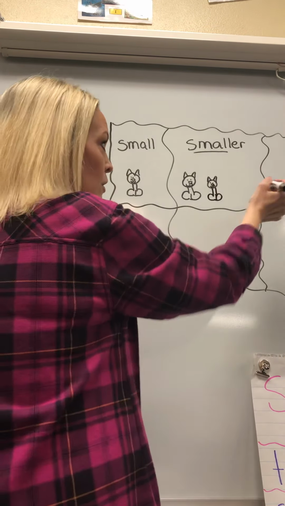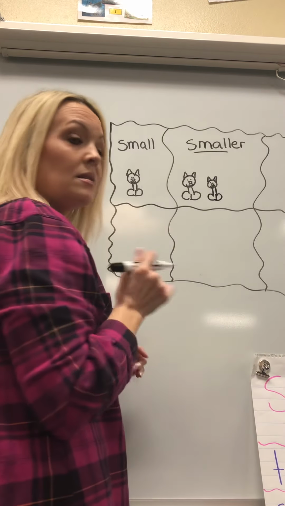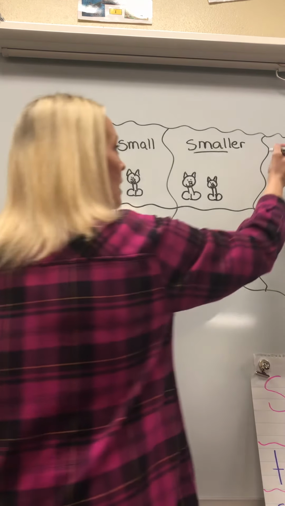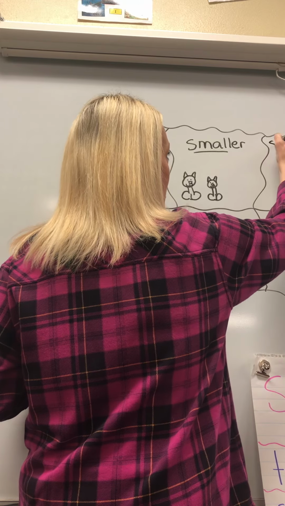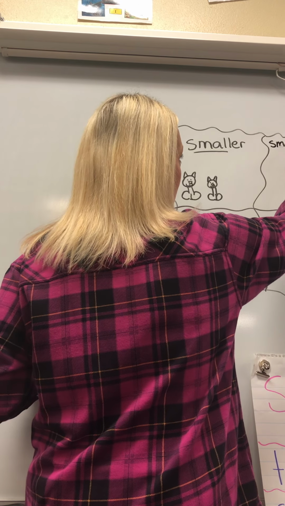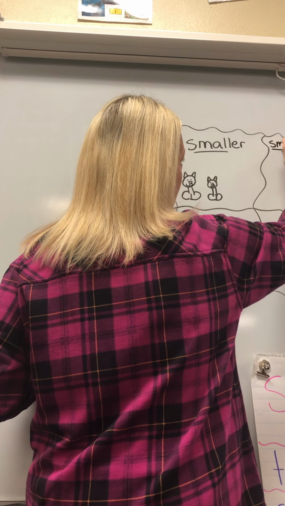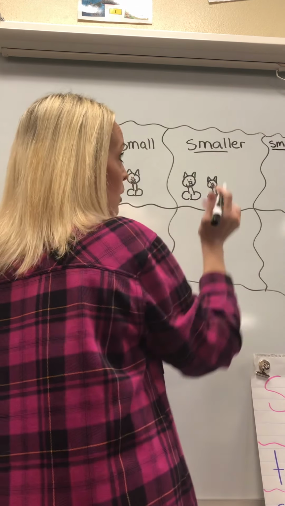Okay, and in the 3rd column, I hope you guys can see this because I'm trying not to get in the way. Then the last column, smallest, you're going to add our EST to the end, but keep your base word the same on small.